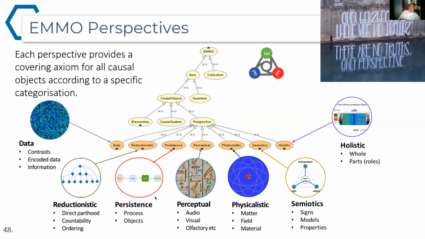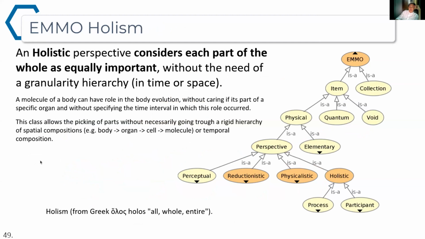For example, the distinction between process and object, between whole and parts, the type of information that an entity provides, and so on. These perspectives, for example in the case of holism, declare something according to the part that needs to be present, or define the part according to the whole to which this part should always belong.